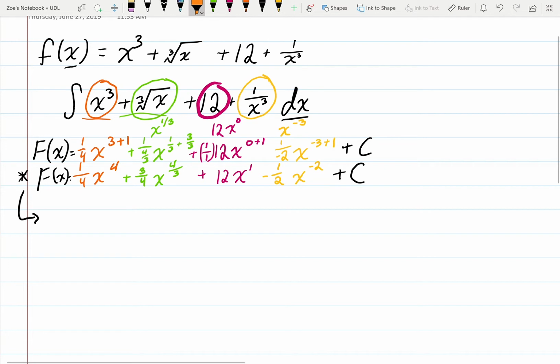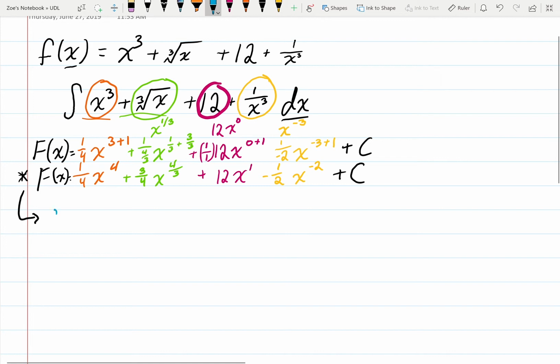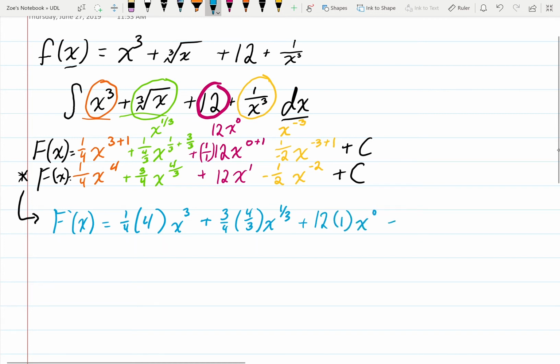So let's get a new color. The derivative of capital F of x would be 1/4 times 4 x cubed plus 3/4 times 4 over 3 x to the 1/3 plus 12 times that 1 x to the 0 minus 1/2 times negative 2 x to the negative 3.